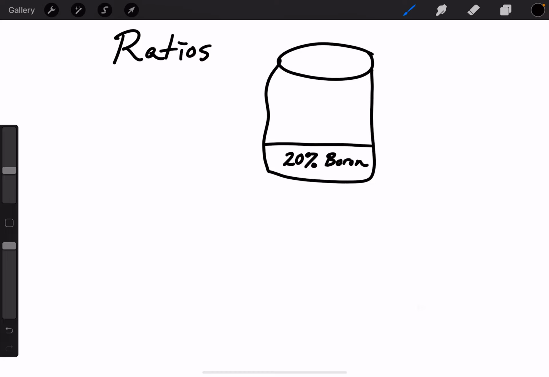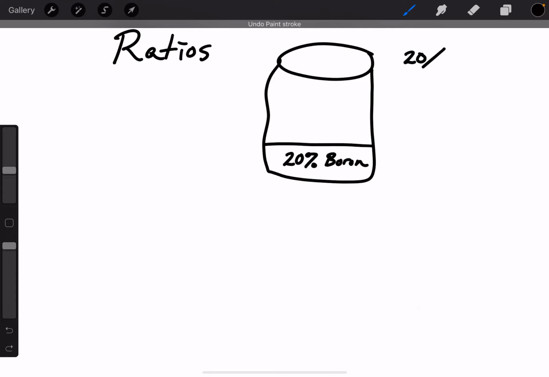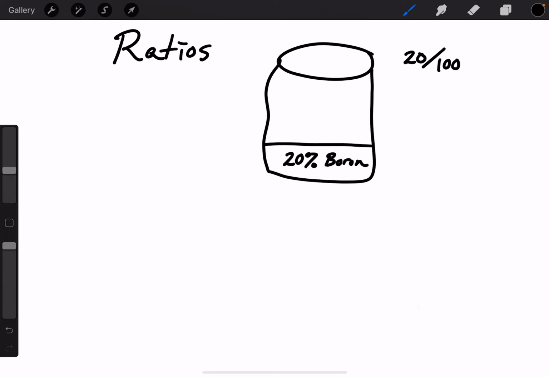Now that 20% is a ratio, and it's commonly written as 20 over 100. So in this case, if it was a 100-pound bag of fertilizer, 20 of those pounds would be boron.